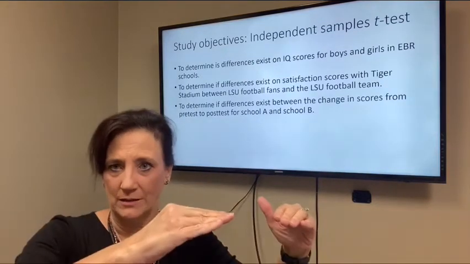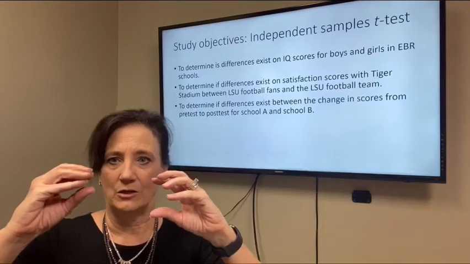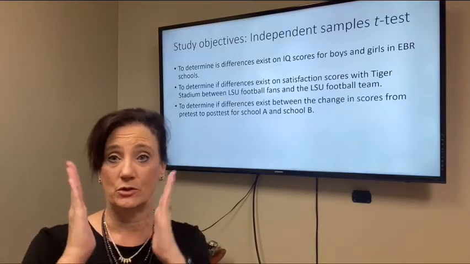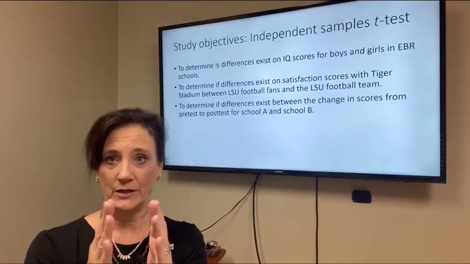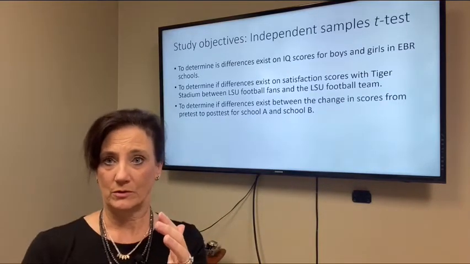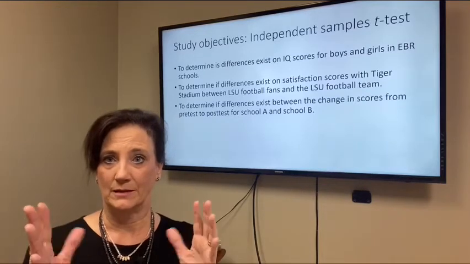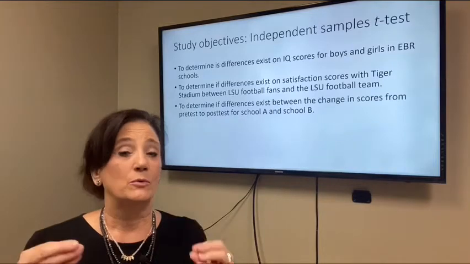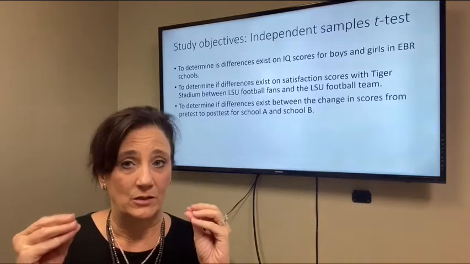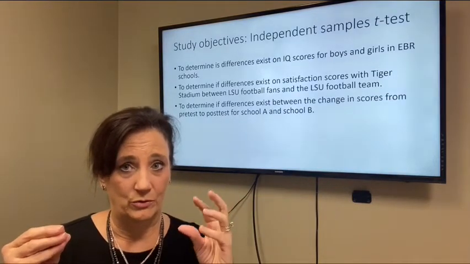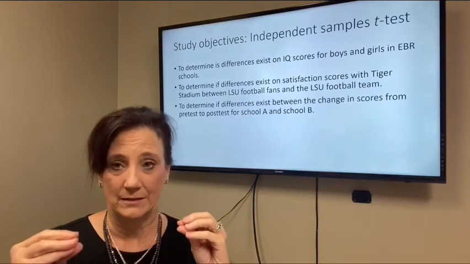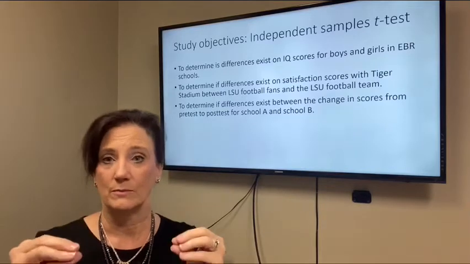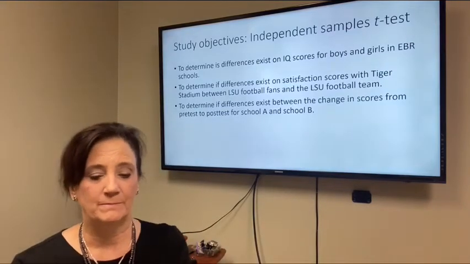You subtracted pre-test from post-test and you got a change value. And then you took that change value and you had two schools, school A and school B, independent scores, right? And you want to know if there was a difference in the change for school A versus school B. So it is independent scores from those two schools that are being compared for the difference.